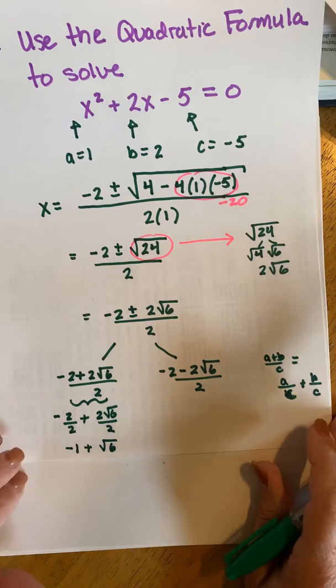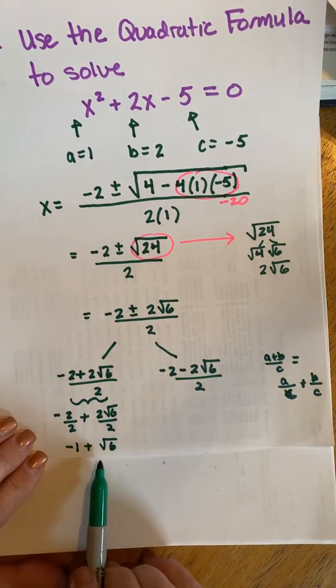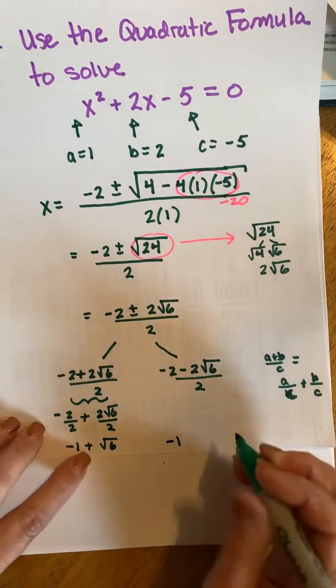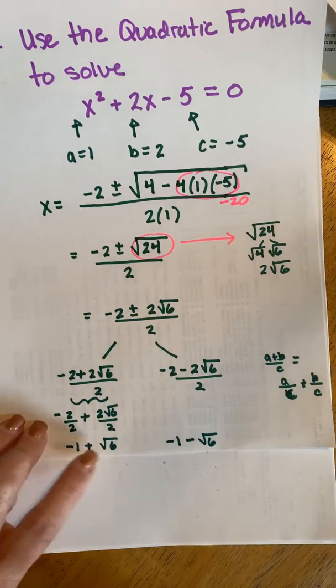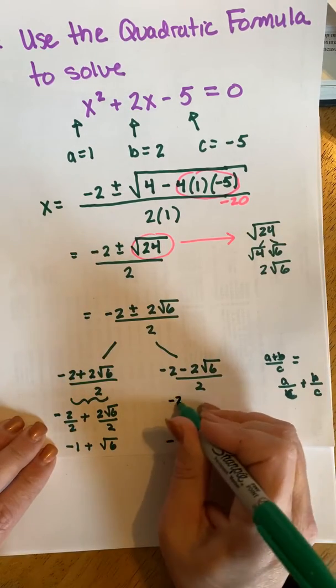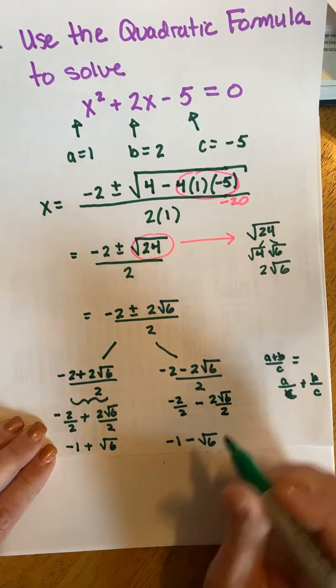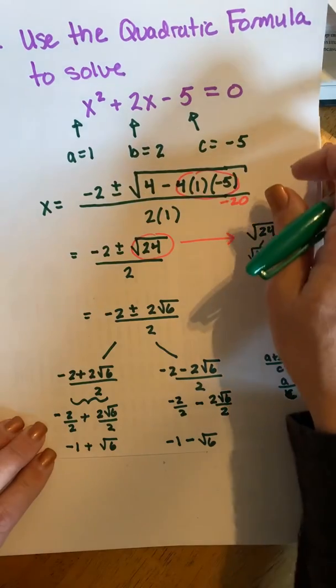Now, just like in the previous section, if we have an answer that involves a radical that can't be simplified, its conjugate is always, always, always the other solution. So I know my other solution. The nice part of the number is going to stay the same, but the other solution is going to be the conjugate of this irrational expression. So if we divide this up, negative 2 minus 2 square root of 6 over 2, we can simplify to negative 1 minus the square root of 6.